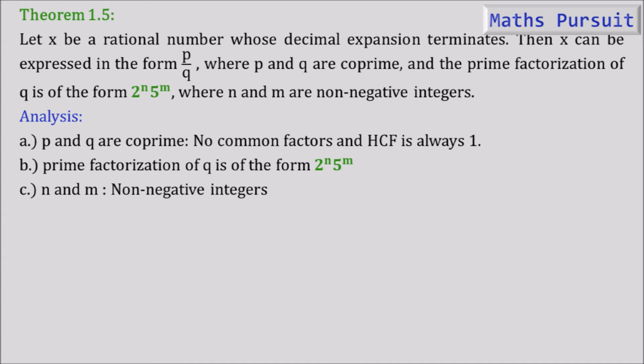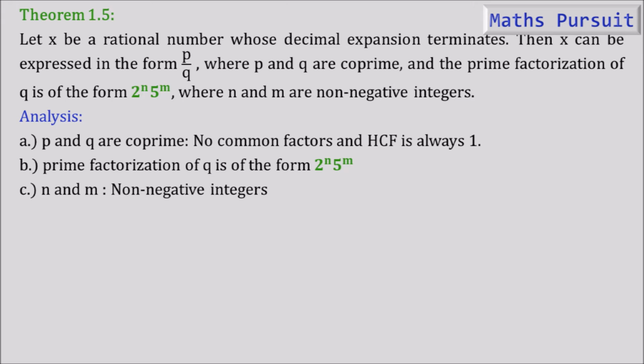Guys, let's say here we have considered p and q and n, m. So what are the properties of p and q? That is what we have discussed. The properties of p and q are that they are coprime numbers, whose HCF is always 1. That means they do not have a common factor.